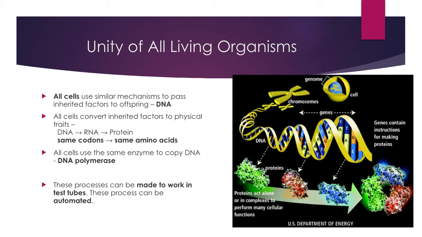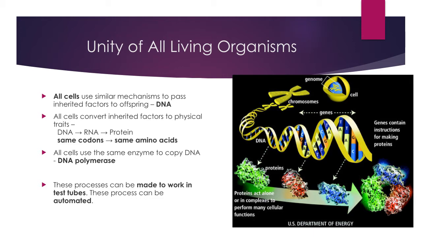I want to remind you that all living organisms, all cells, eukaryotic, prokaryotic, bacteria, plant, animal, fungi, all cells use very similar mechanisms to pass their inherited factors to offspring. They all use DNA, and these inherited factors are converted to physical traits in the same way in all cells.